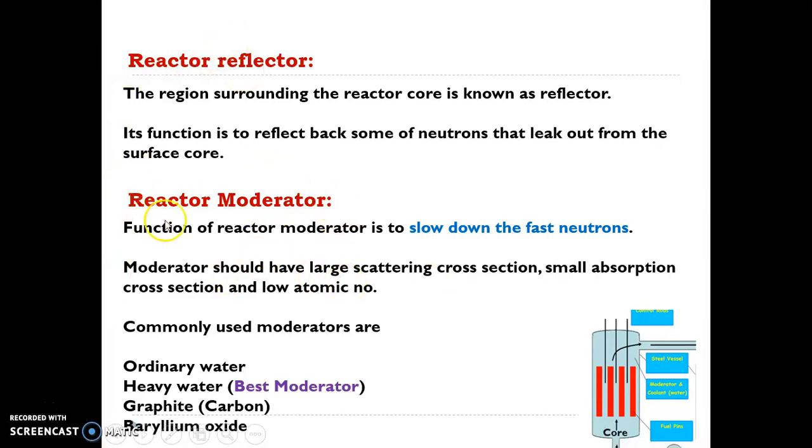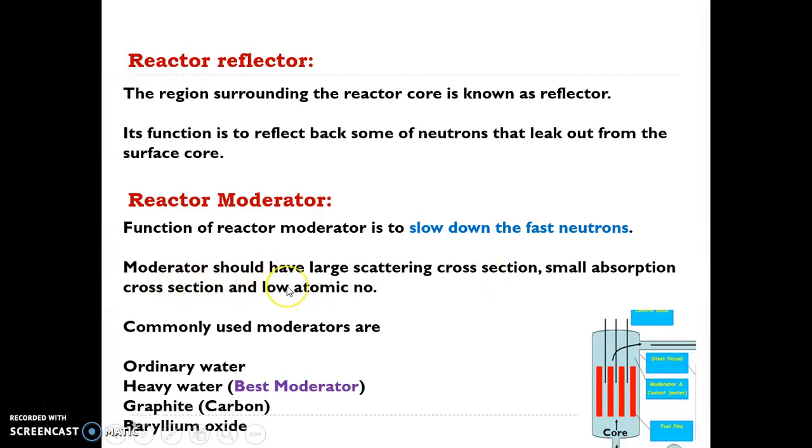The next part is the reactor moderator. The function of the reactor moderator is to slow down the fast neutrons. Due to high energy, the neutrons move fast, and their movement is controlled with the help of the reactor moderator. A moderator should have a large scattering cross section, small absorption cross section and low atomic number.